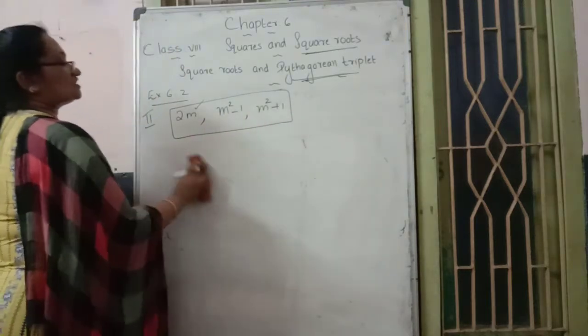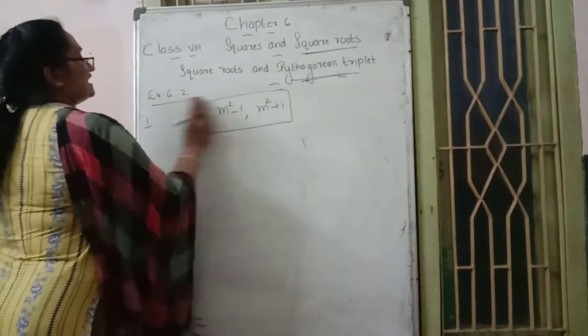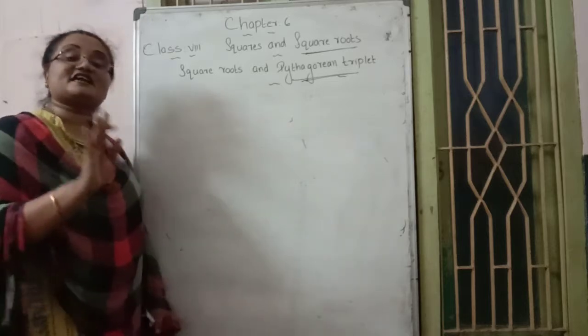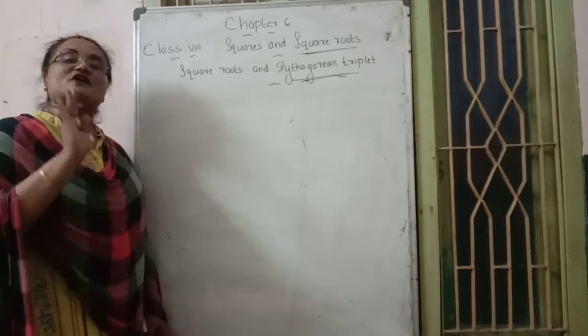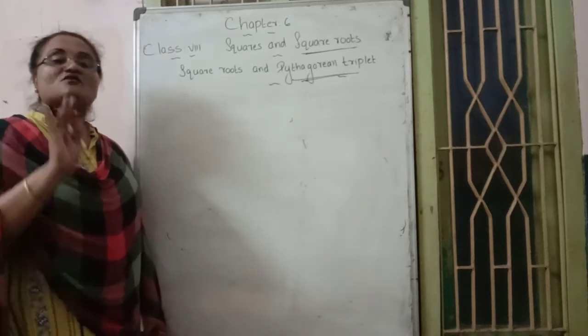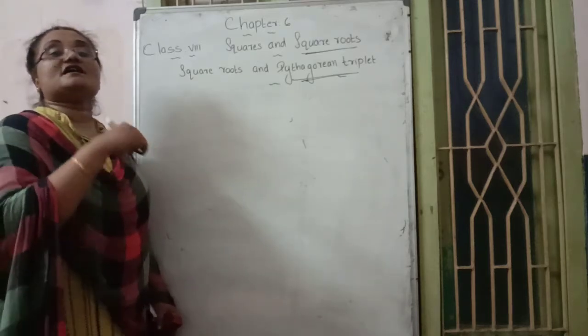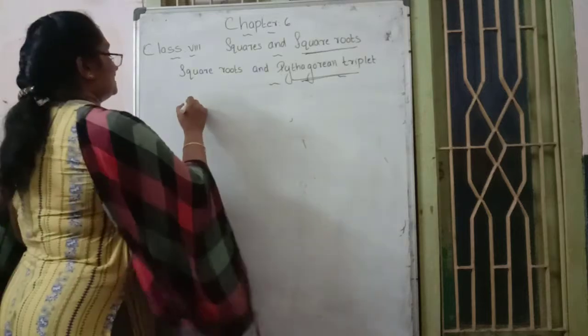How to find the square root: there are two methods for finding a square root. What are the two methods? The first method is the repeated subtraction method.